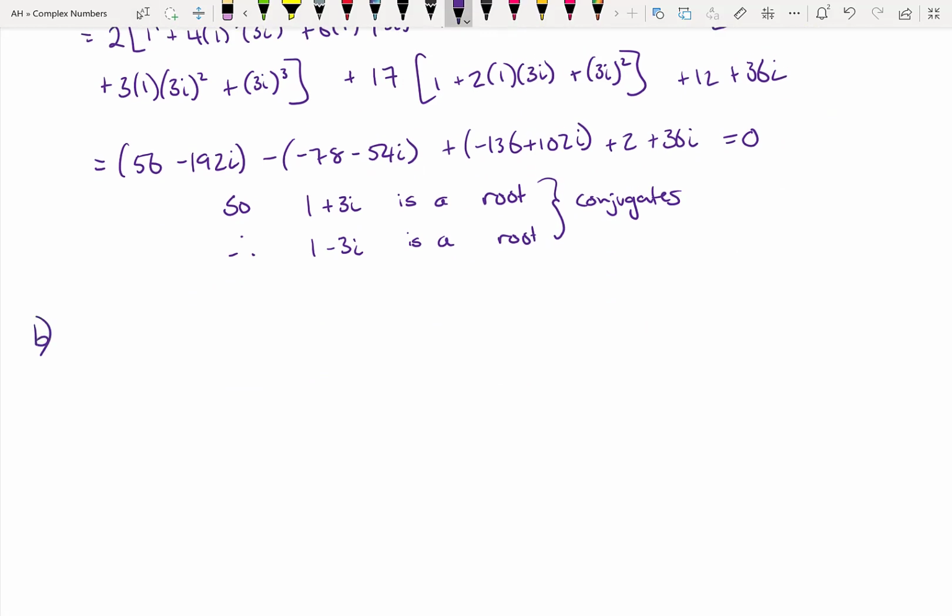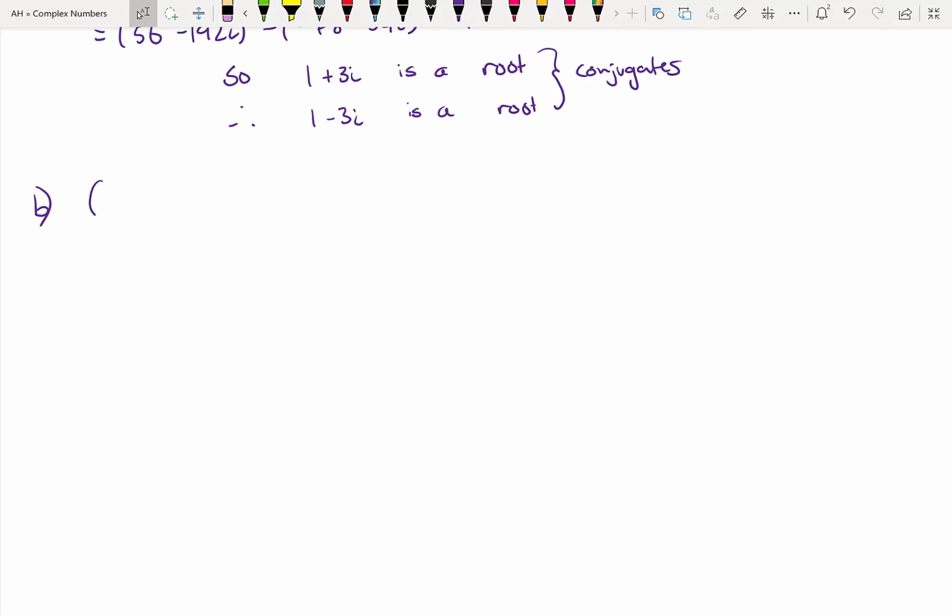And so what have I got? How can I find it? Let's scroll up a wee bit more. So if I wanted to write it, we could write z minus my roots. So I've got 1 plus 3i, z minus 1 minus 3i. So it becomes z minus the root.